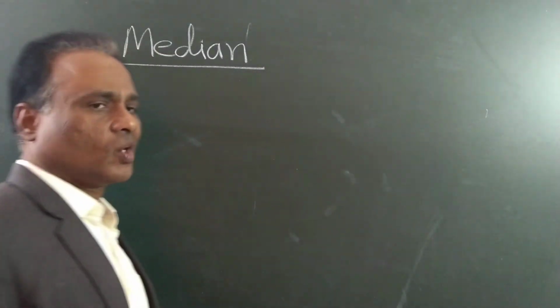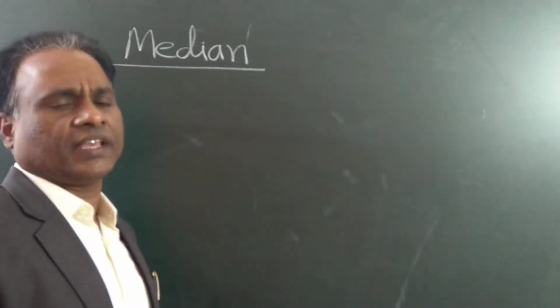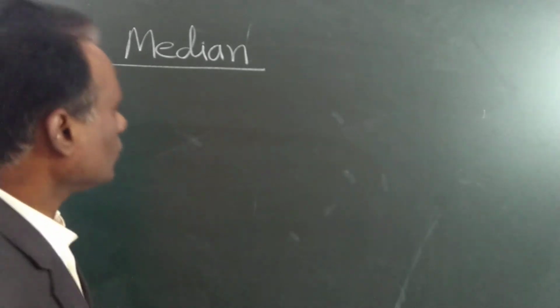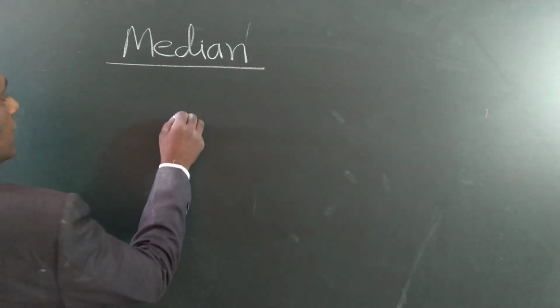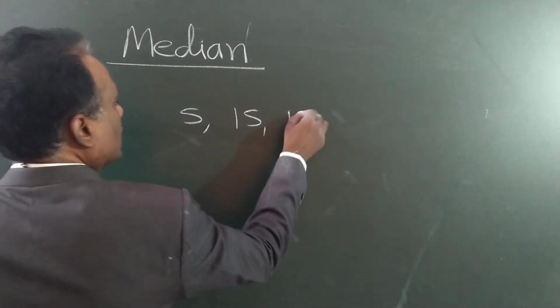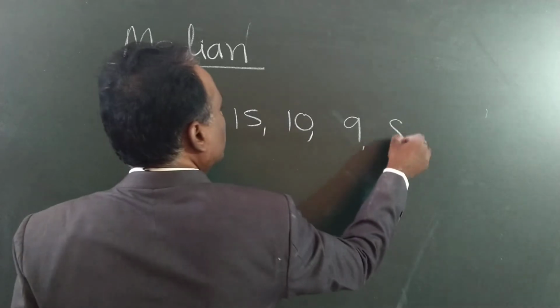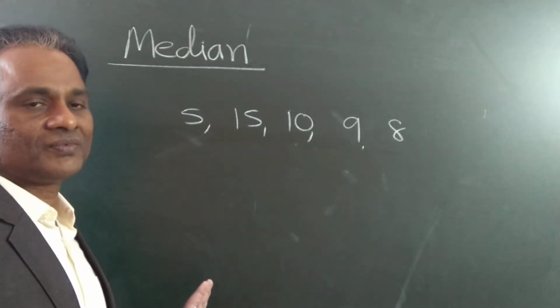Students, see, what is median? Don't write anything, just for explanation I am writing some numbers here. Just look, see, and understand the question and concept. Suppose 5, 15, 10, 9, 8 are the given numbers.